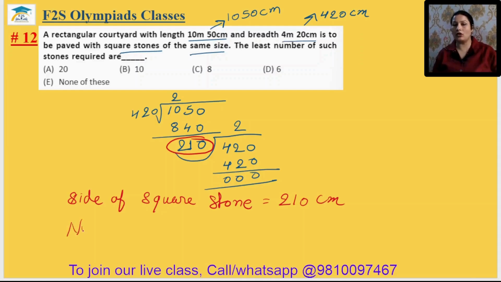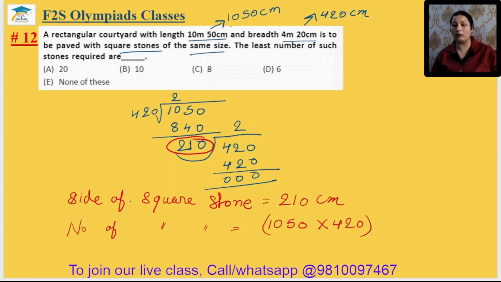So the number of square stones will be: the dimension of the rectangular courtyard is 1050 by 420. So what is the area of the rectangular courtyard? Length multiplied by breadth. So 1050 multiplied by 420.